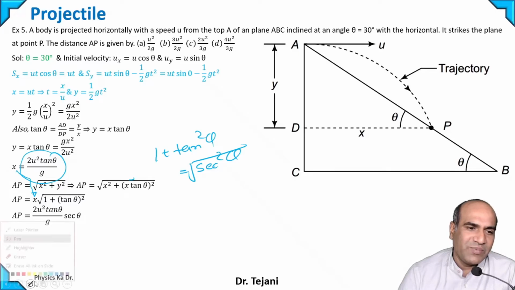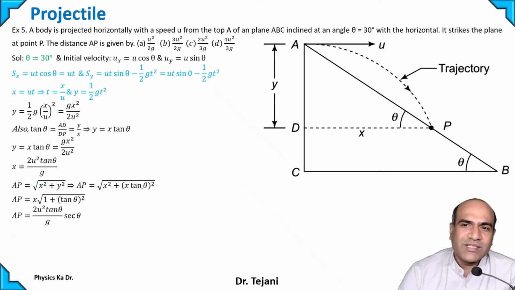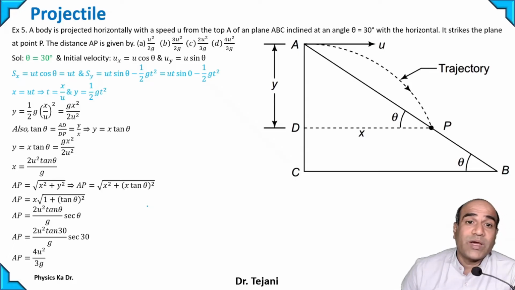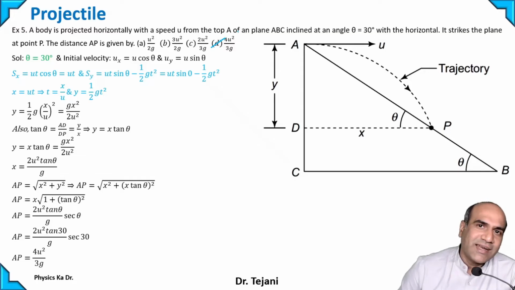We got AP. What is the angle? Tan 30 and sec 30. You can divide. You may convert into cosec also if you wish. And ultimately, you will have AP is equal to 4u square by 3g. So this is the correct answer.